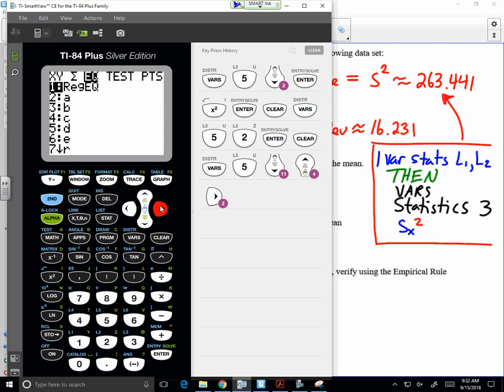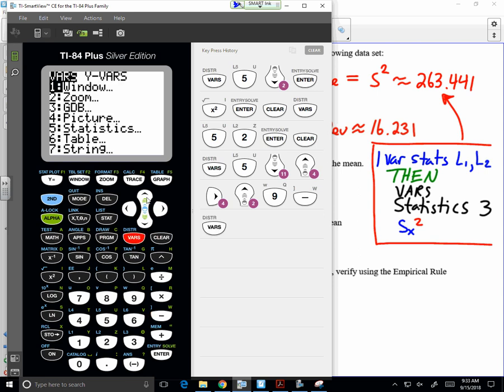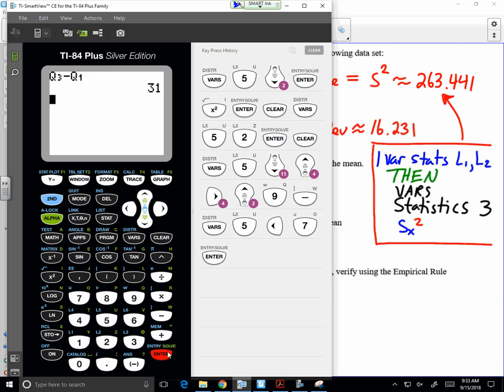Find the quartiles if they exist anywhere. Q1 and Q3 are under points, but it's going to be in this menu here, so just scroll around and familiarize yourself with it. So it'd be option 9 minus vars option 7. So I could get my interquartile range.